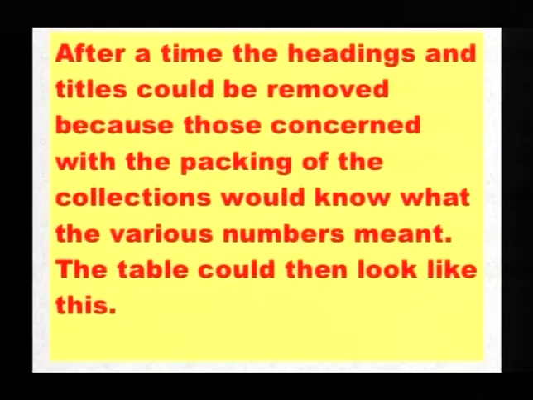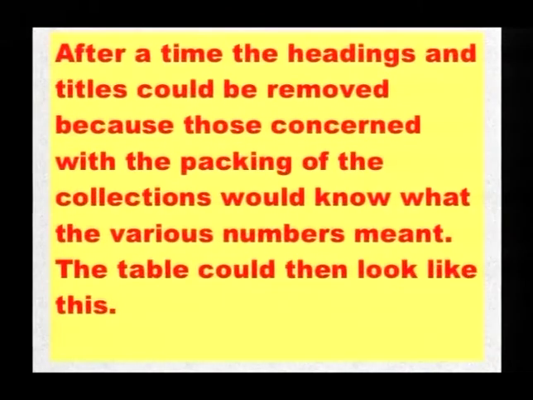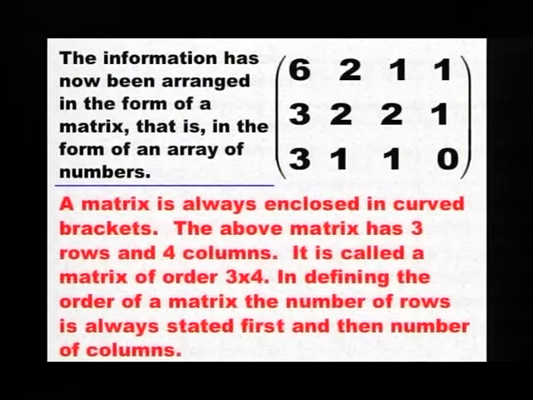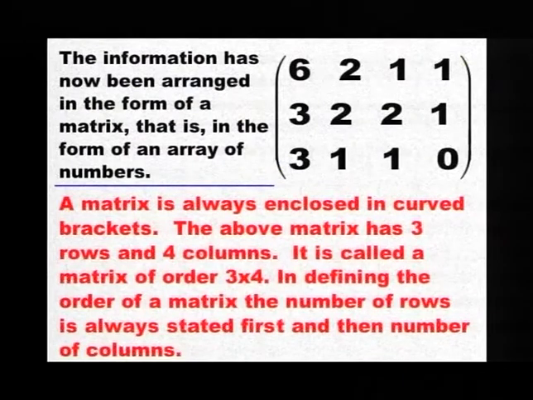After a time the headings and titles could be removed because those concerned are so smart with the packing of the collections that they would know what the various numbers meant. So the table could then look like this, which is no longer a table, this is now in matrix form.